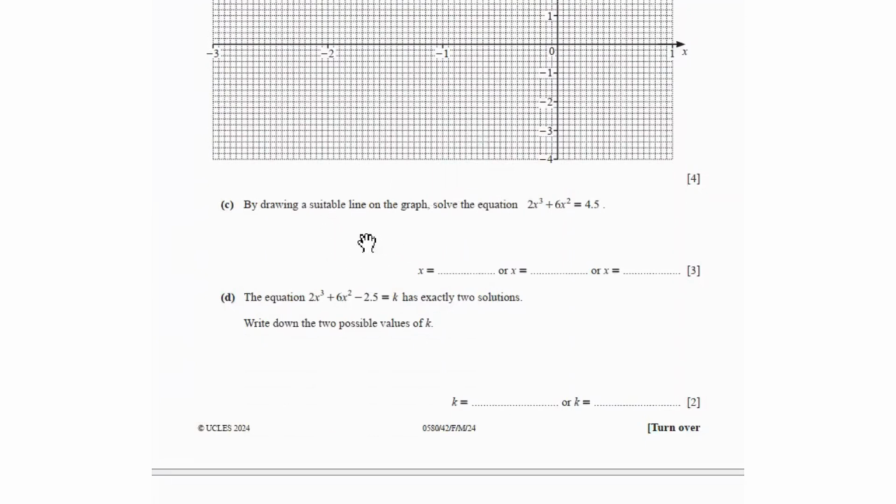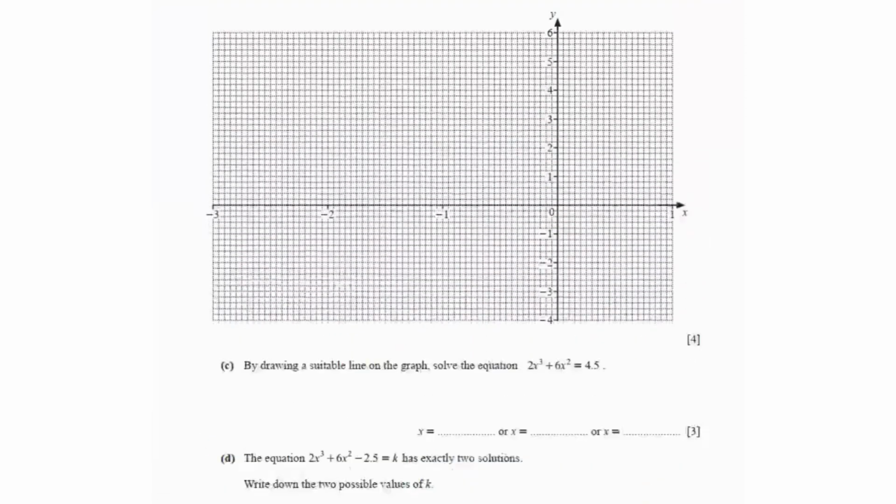Next, they want us to draw a suitable line on the graph that solves the equation 2x cubed plus 6x squared equals 4.5. And then the equation 2x cubed plus 6x squared minus 2.5 equals k has exactly two solutions. Write down the two possible values of k.